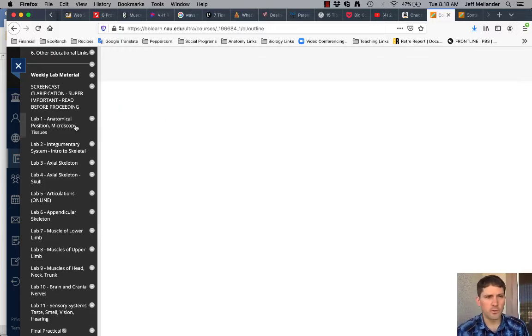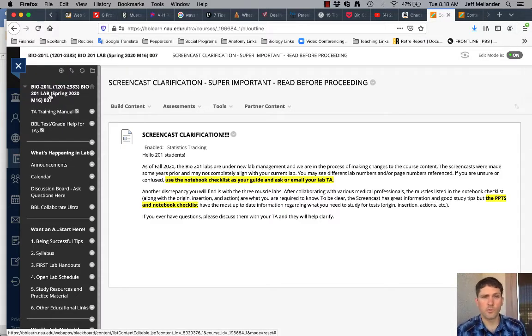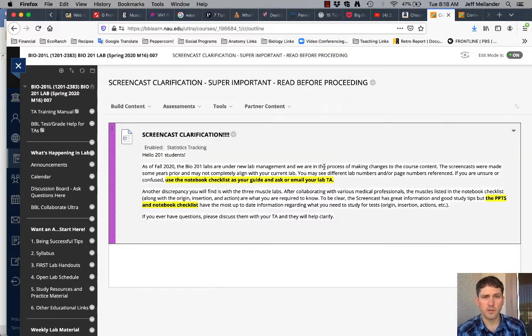So real quick, if you look at the screencast clarification for you 201 people, because last year we had a lab management change in 201, and again this year we have a lab management change in 201. Not everything is totally uniform, okay?